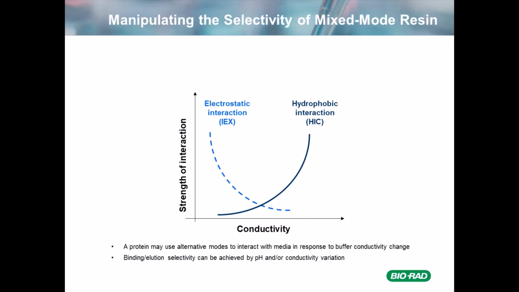We also know that protein molecules have their mixed-mode nature as well. The good thing is a protein may use alternative modes to interact with chromatography media in response to buffer conductivity change. This gives us a larger window for buffer manipulation to achieve binding and elution selectivity.